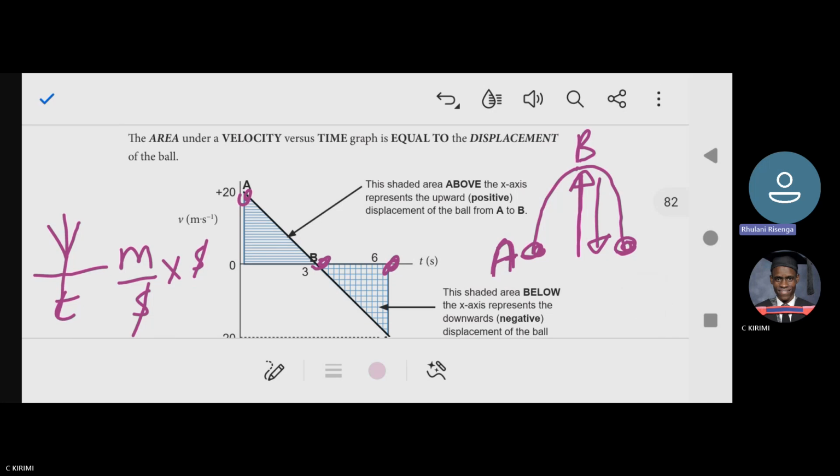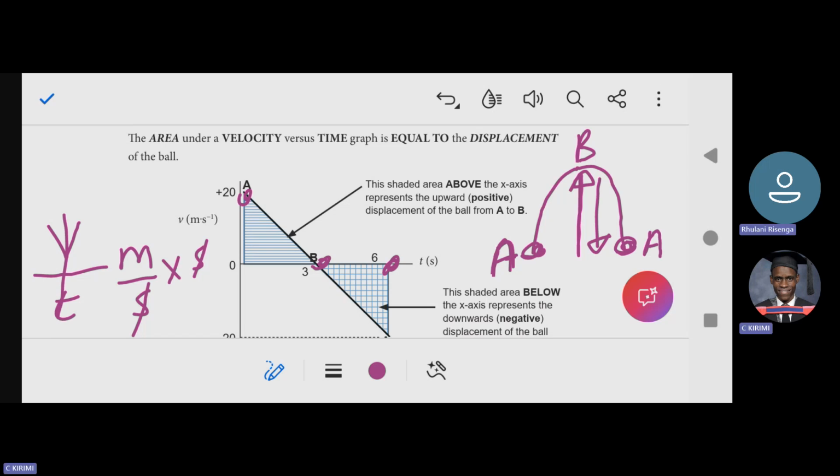I was asking, since you're saying that we should look at the area under the graph when calculating the displacement, if I calculated the displacement from A to B, and then multiplied it by 2, so I could get my distance from A to A, would they award me marks? How are you calculating the distance from A to B?